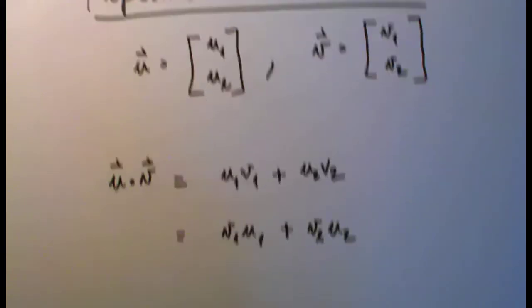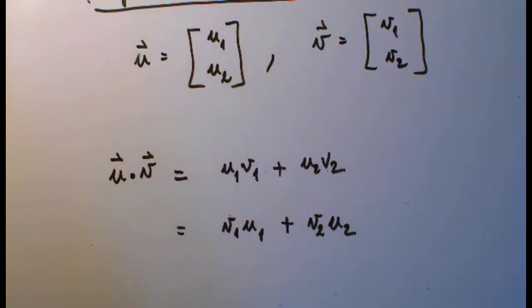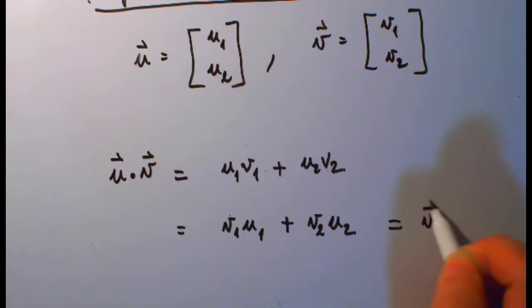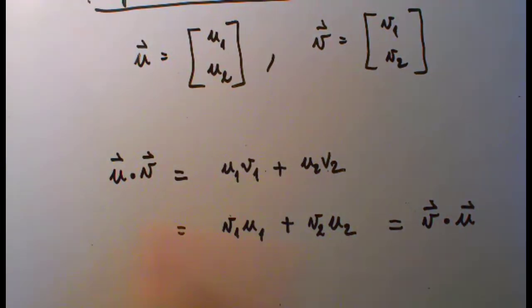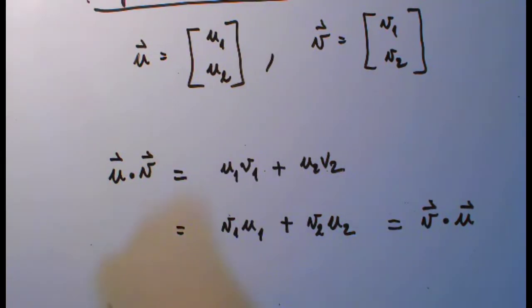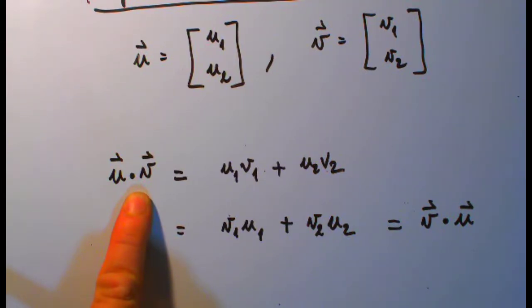And so this new setup all of a sudden opens up our mind, and hey, wait a minute, we recognize that this is nothing but v dot u, but in slightly different order, the flipped backward version. And so we recognize that the dot product we just learned is actually commutative as well.